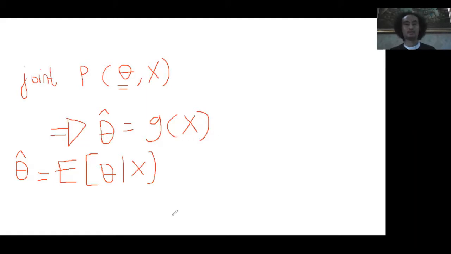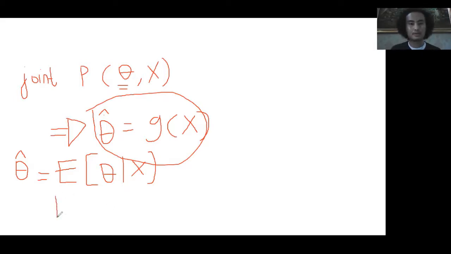So the MMSE estimator of theta is the function g(x), theta-hat, which minimizes the MSE, the expectation of the square of the difference between theta and theta-hat. Maybe I call it theta-hat here.